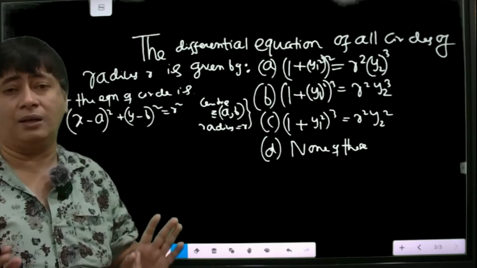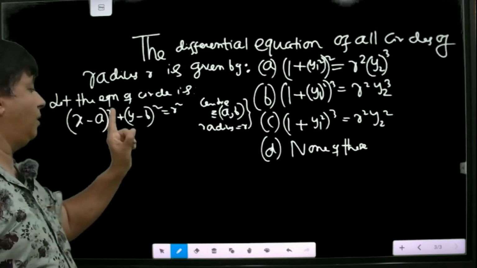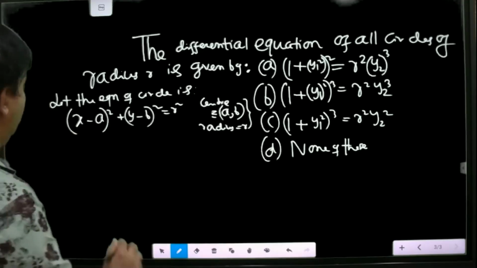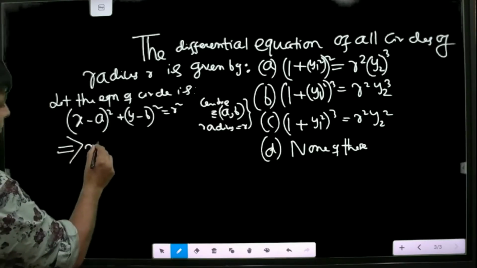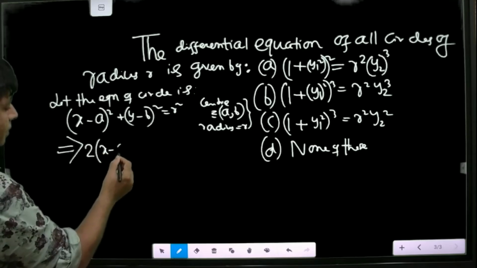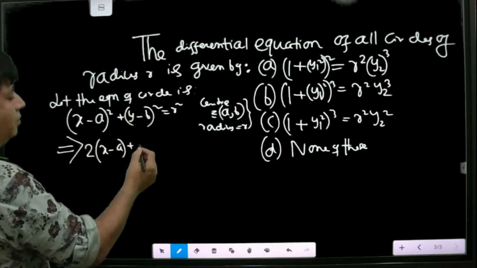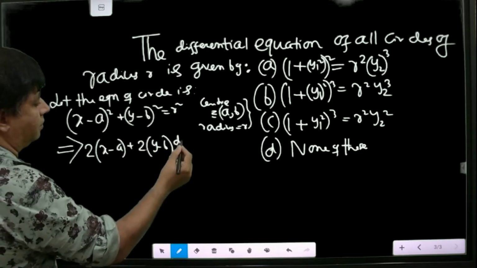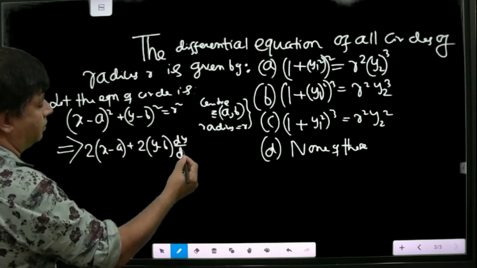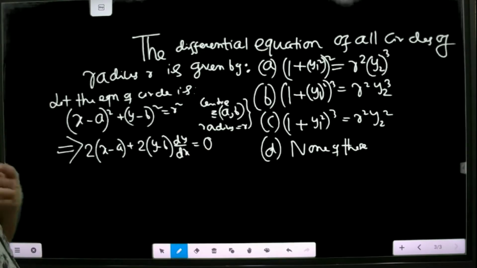And what is our motto? Our motto is removal of parameters. So, differentiate both sides. This part 2(x minus a) and this part chain rule. You are very much aware of this. And this part will become 0.